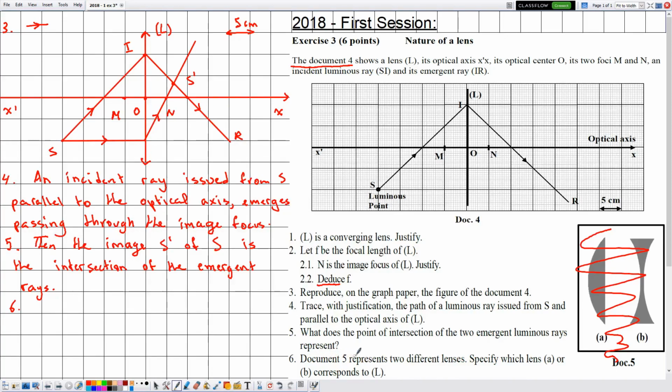Now in number 6 they are telling me that document 5 represents two different lenses, and to specify which lens, A or B, corresponds to L. Since they mentioned the document, now I can use it. First of all, we know that the lens L is a converging lens. In order to determine which of the lenses corresponds to L, we need to determine the nature of each lens.